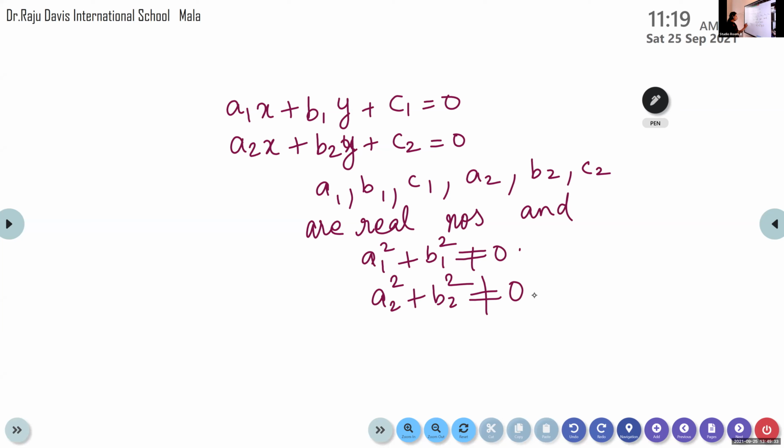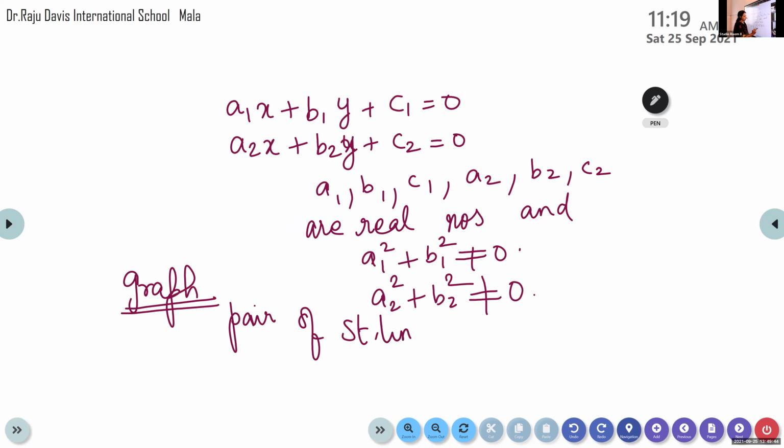And what about the graph we will get? We'll be getting a pair of straight lines. The graph is a pair of straight lines. Is it correct, Aditya? Yes, ma'am.